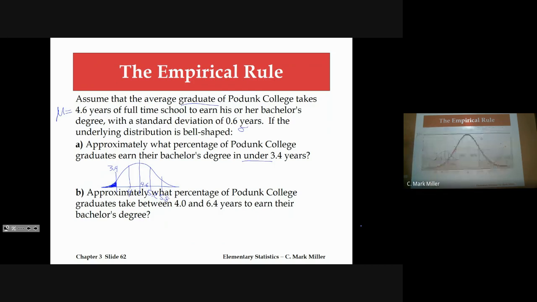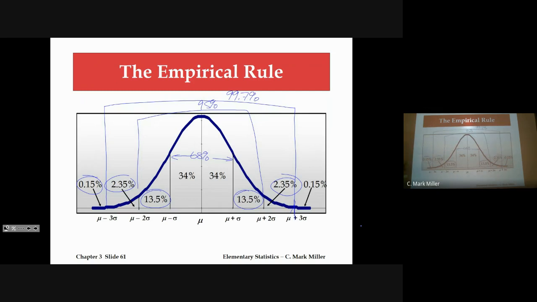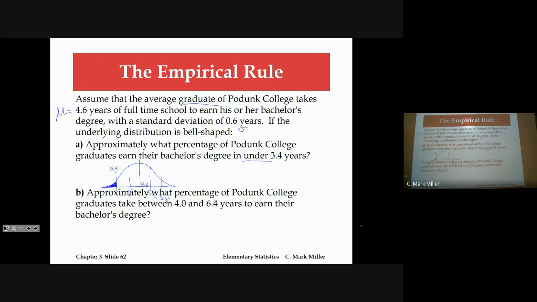Well, if you go back to this slide, in those two areas, there's 2.35 between 2 standard deviations and 3 standard deviations. There's 0.15 after. So I want those two added together.